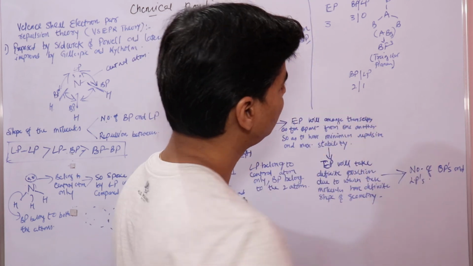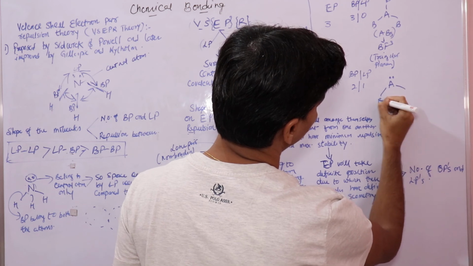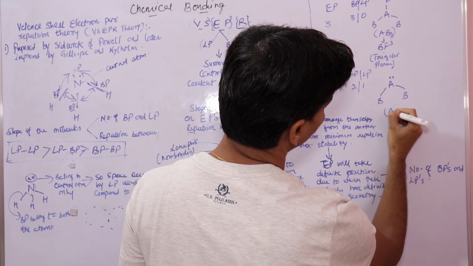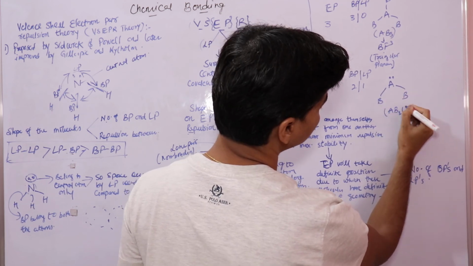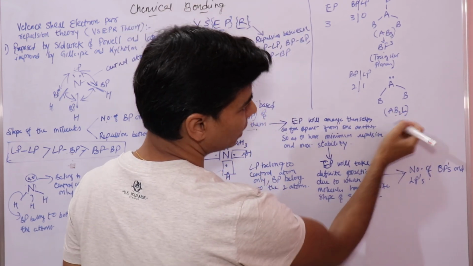Now the shape of the molecule would be like this. The molecule is of the type AB2L, 2 bond pairs and 1 lone pair.